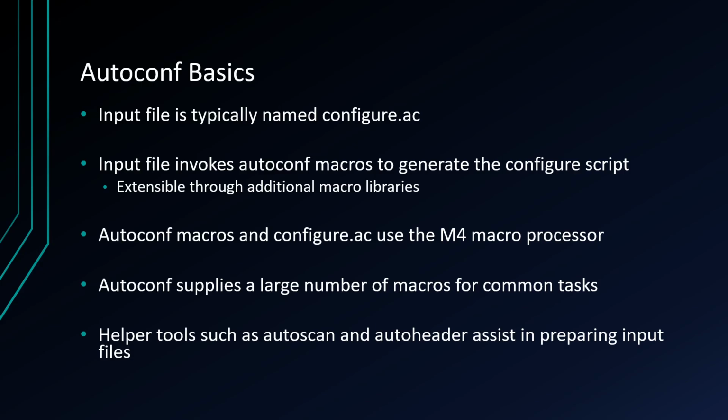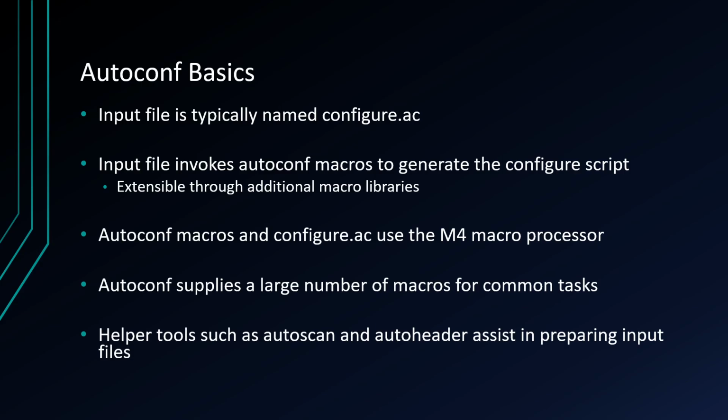and the configure.ac file invokes macros to perform checks. You call a macro so that it expands into bash shell code that performs the check you're interested in and sets the result in a shell variable.